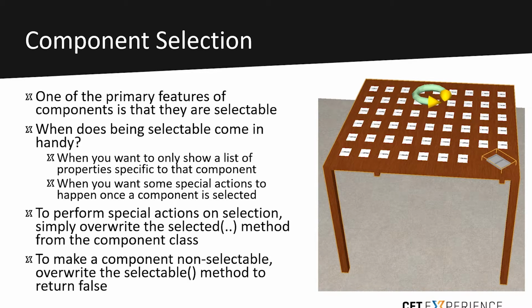Sometimes, especially if you're building a component that's going to be used across multiple snappers, like the running supports that I explained in the beginning, I don't want custom actions or any properties when I click them. I don't really want them to be selectable. So if you don't want to make a component selectable, you can simply overwrite the selectable method on the component and just return false instead of true.